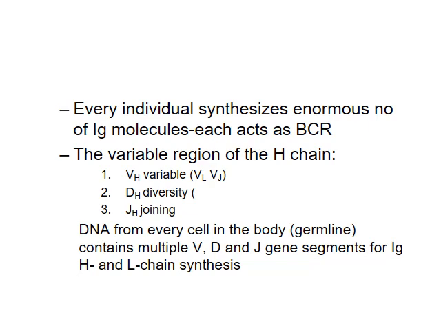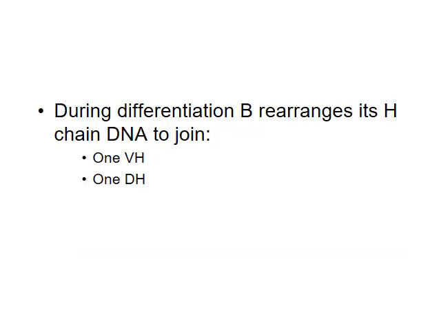To summarize, we have the heavy chain, which has a portion which is called VDJ, and V stands for variable, D stands for diversity, J stands for joining, and the V portion then again has VL and VJ. So in the DNA from every cell in the body, it contains multiple VDJ genes, and we can sort it out and make a different set of arrangements.